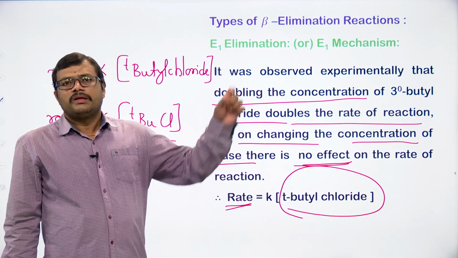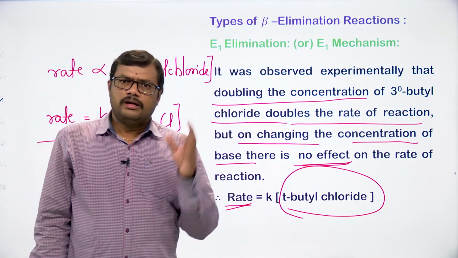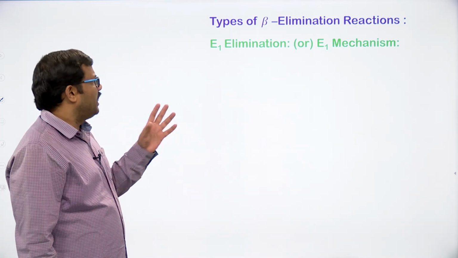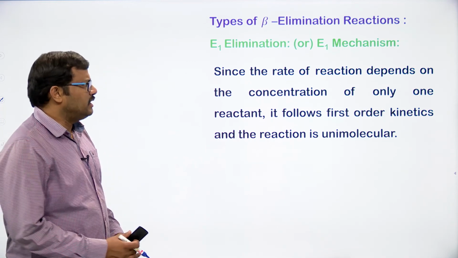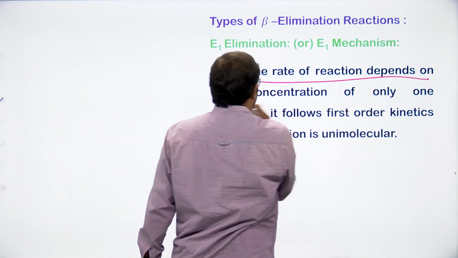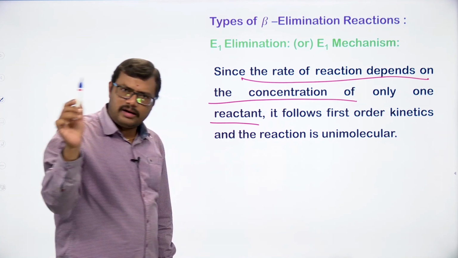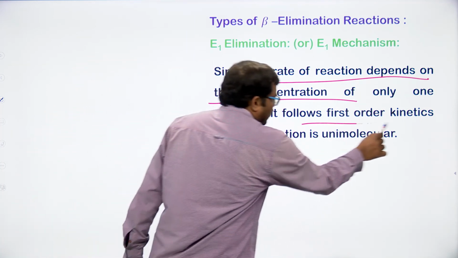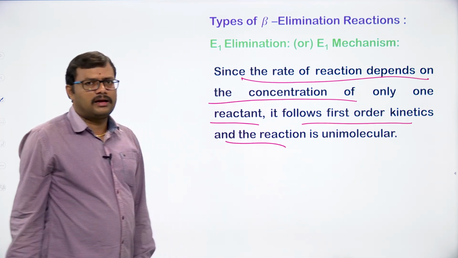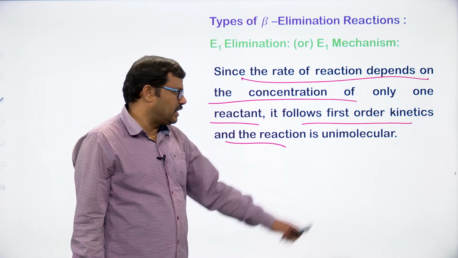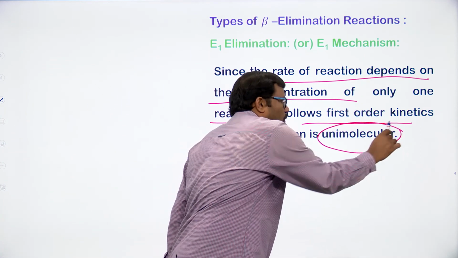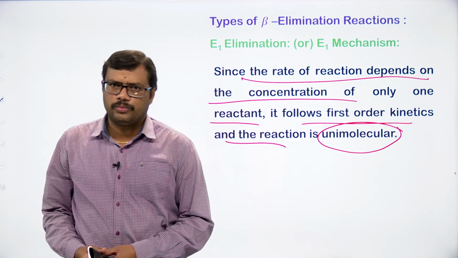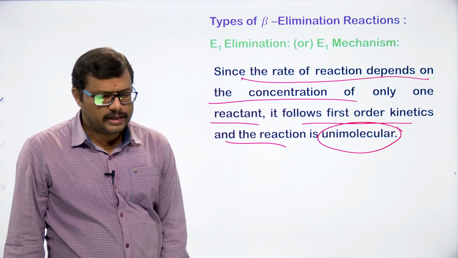Therefore, this reaction is an E1 reaction, unimolecular elimination reaction. Since the rate of reaction depends upon the concentration of only one reactant, generally it is taken as first order kinetics, and this reaction is said to be a unimolecular reaction.